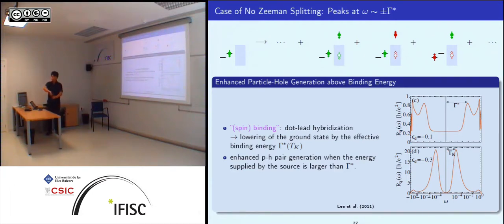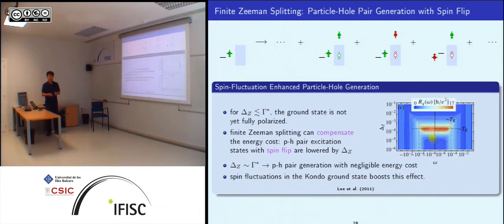If the strength of this binding energy is the same as the Kondo temperature, then by applying energy larger than the Kondo temperature, we can break it. Then particle-hole pairs can be generated more easily. This is the reason why we have a peak here. By applying energy comparable to the Kondo temperature, the spin binding is broken, and the particle-hole pair generation is enhanced, which leads to the enhancement of the resistance.